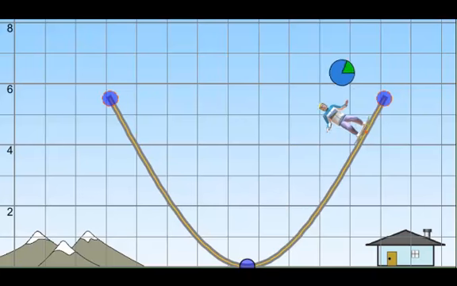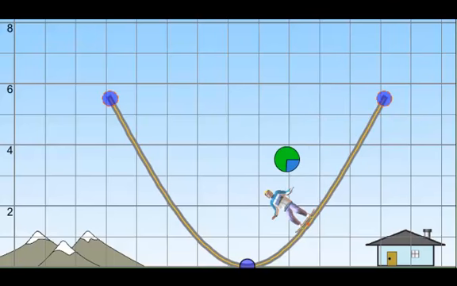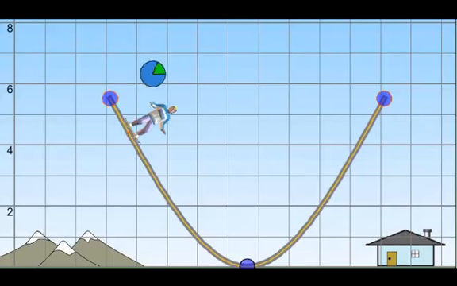It's all blue at the very top because he's got all gravitational potential energy, and at the bottom, all green, because at that point, he's got all kinetic energy and no potential energy. Notice that the total amount of energy never changes.